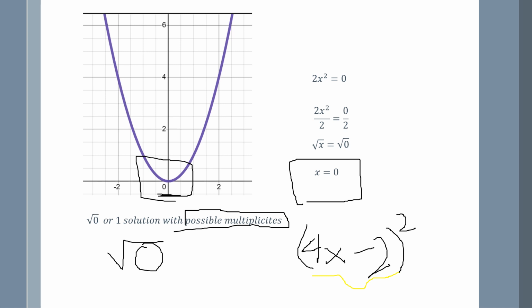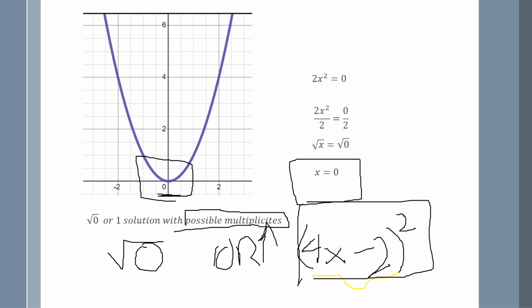So those are those examples. So again, it's when the square root is 0, or when you have multiplicities. And usually with a multiplicity of 2 in particular. Again, a multiplicity of 2 produces this graph. Keep that in mind, y'all.